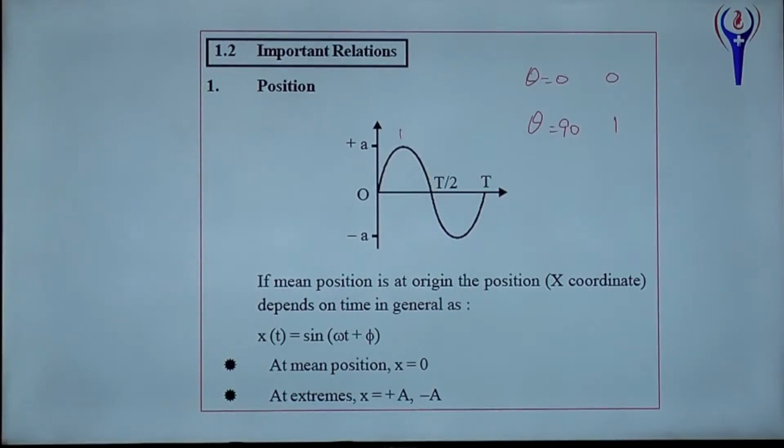So it follows a sine wave. We can say this is a sine wave. At mean position, x equal to 0. At extreme position, this is plus A or minus A. Capital A or small a, whatever. Plus A or minus A.